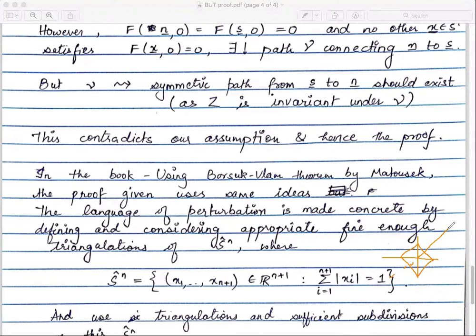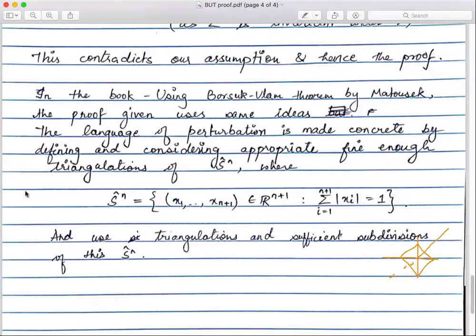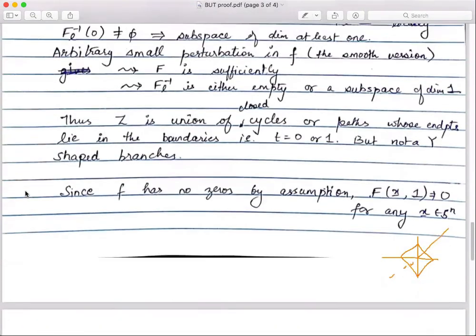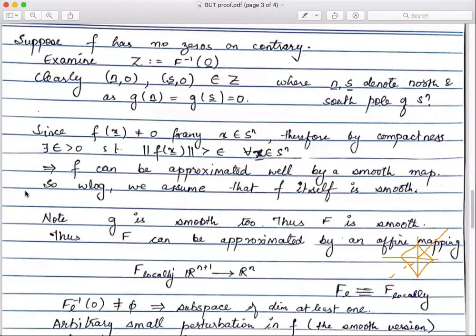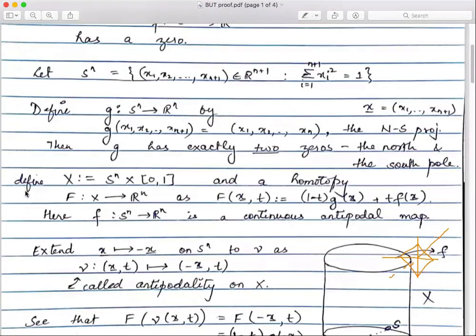So instead of the regular Sn, we consider the Sn hat and take the triangulation of Sn hat, define the triangulation for the upper part of the Sn hat, lower part, and make it refined enough so that the map nu, which we defined here as the antipodality on X, can make sense.